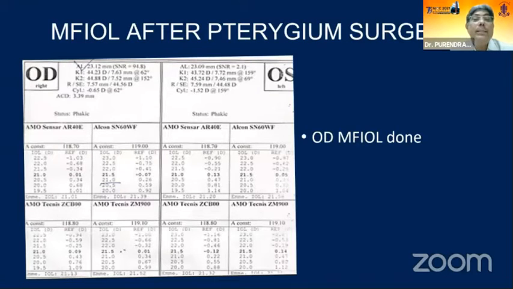This is a very interesting case. We did a multifocal IOL for this patient in one eye. Later on, she came for the other eye, and we found that the patient had a pterygium.